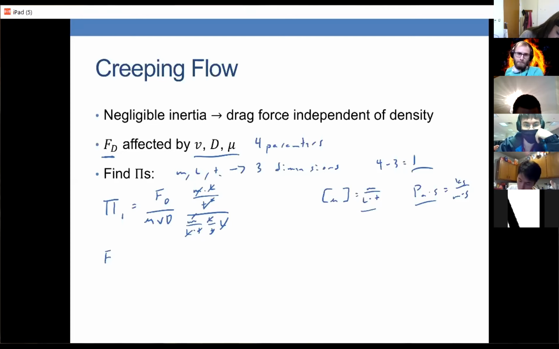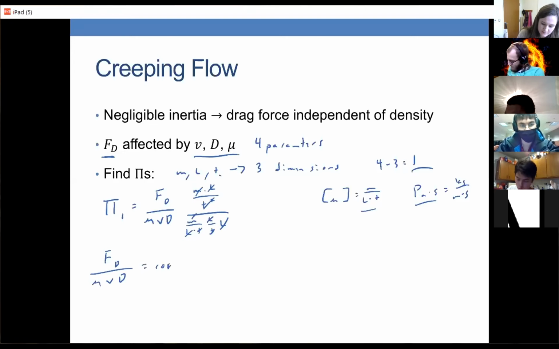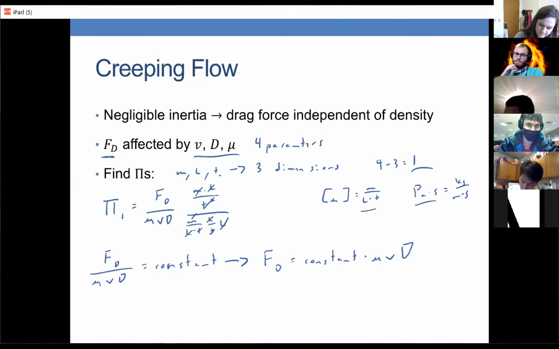So if you have only 1 pi, what that means is that pi is equal to a constant. Instead of a function of some other pi, it's just equal to some constant. Who knows what it is? You can't tell from dimensional analysis what that constant would be. But that gets you, the drag force is equal to some constant times mu v d.